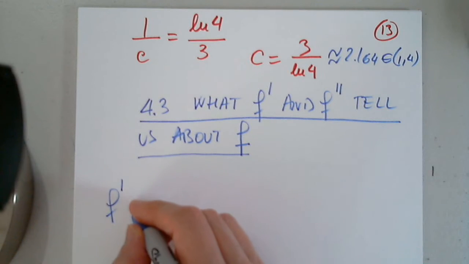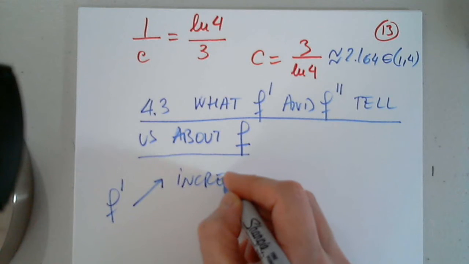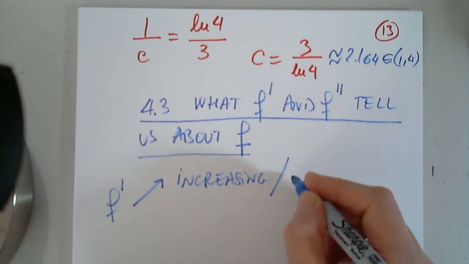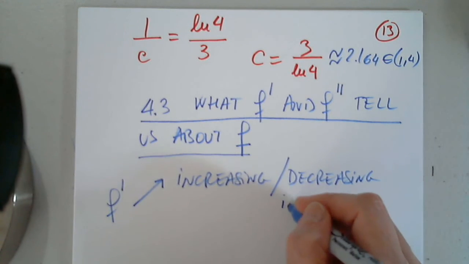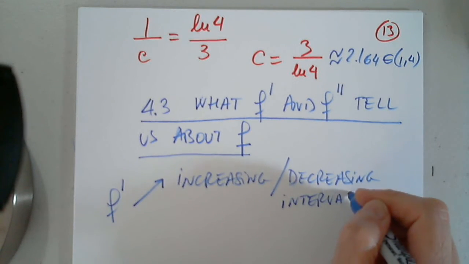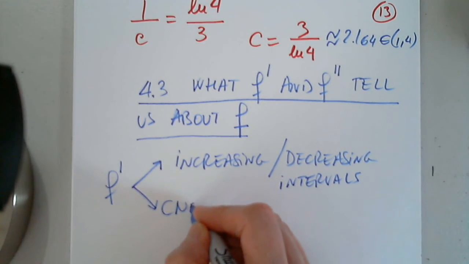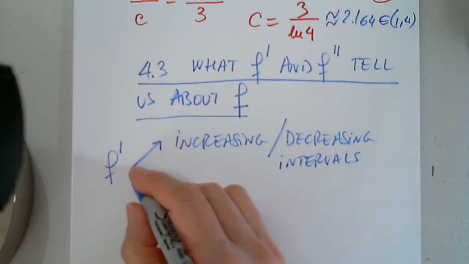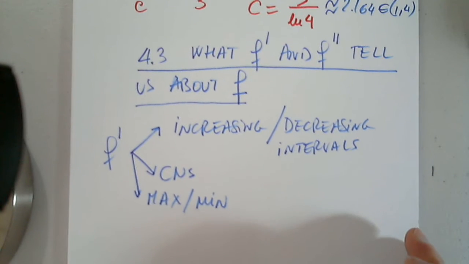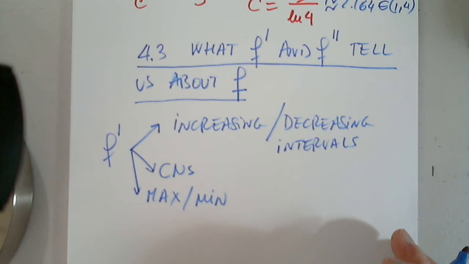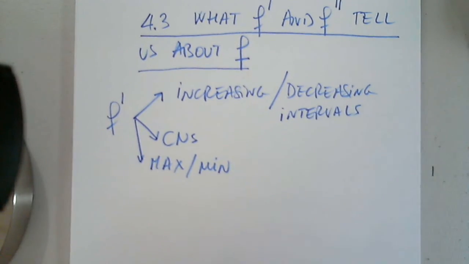So f prime gives increasing, decreasing intervals, f prime gives us critical numbers, f prime gives us max min, okay? Now, what about the second derivative?